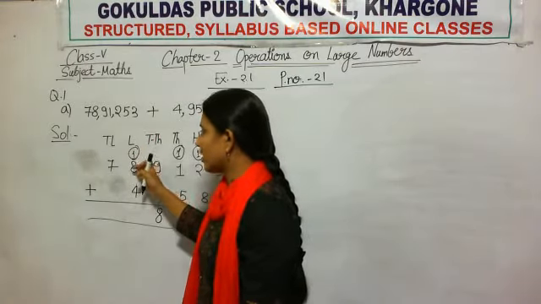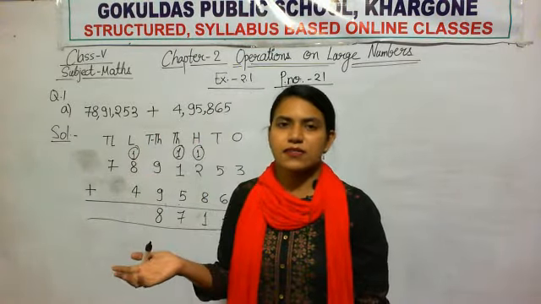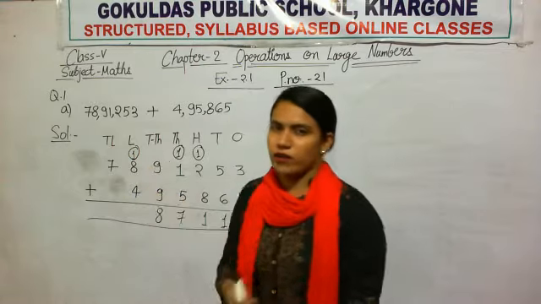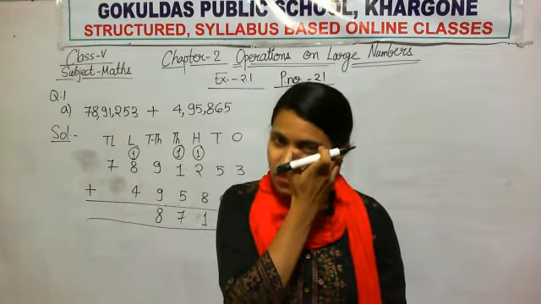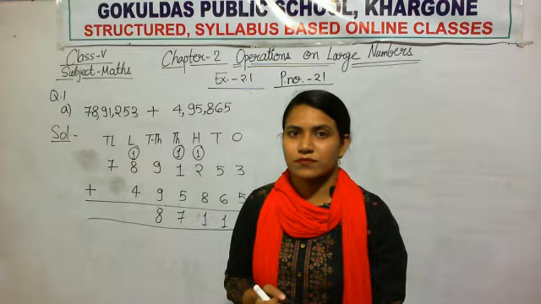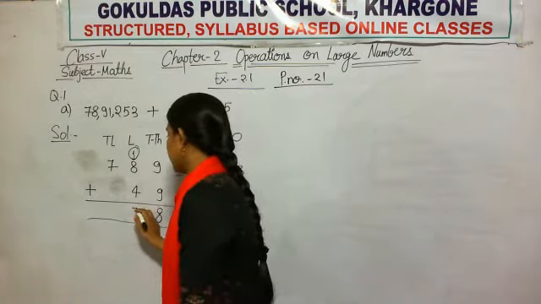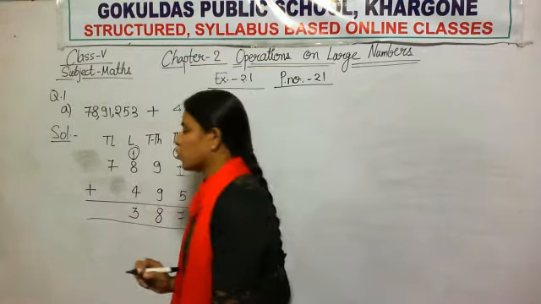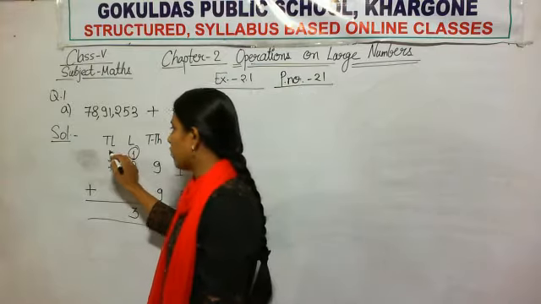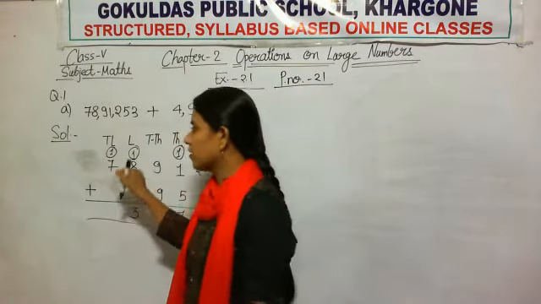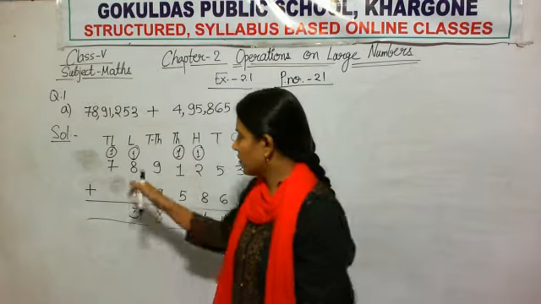Now 1 plus 8 is 9, 9 plus 4 is 13. So you write 3 here and 1 carry with the next column.